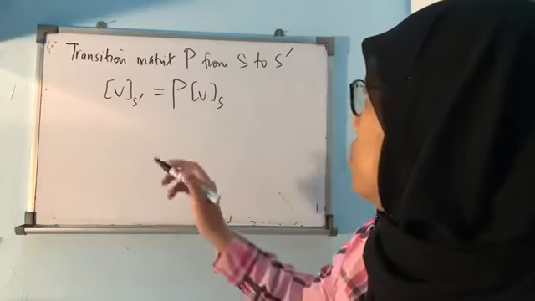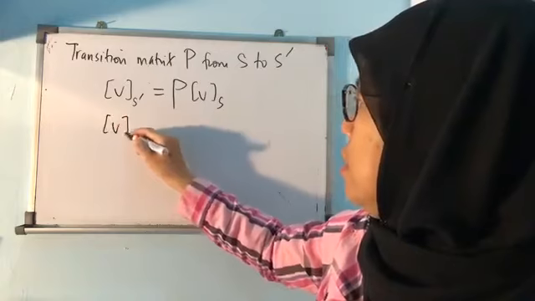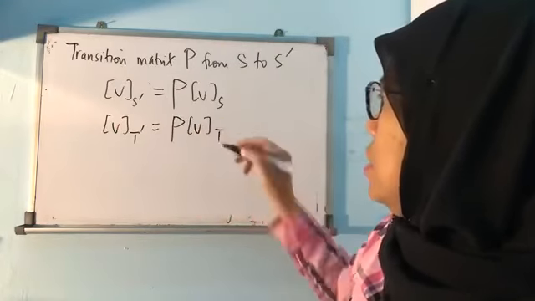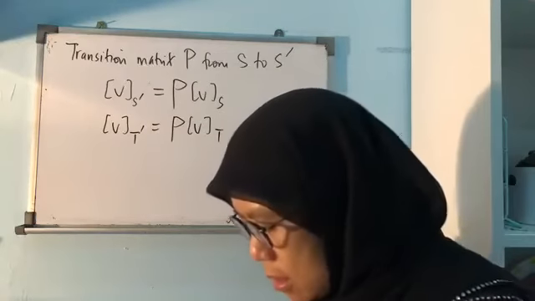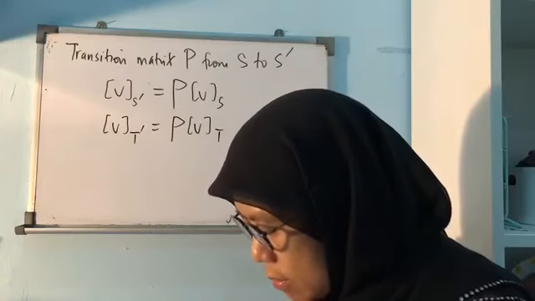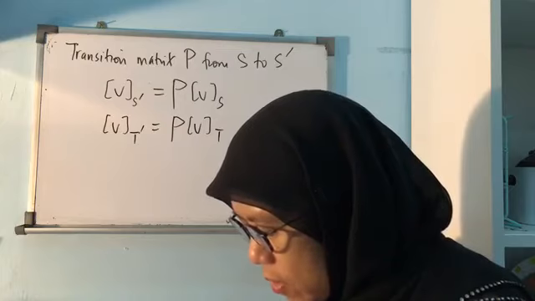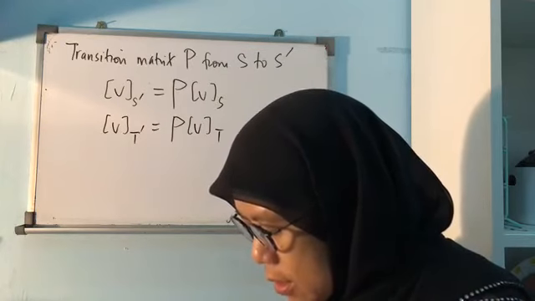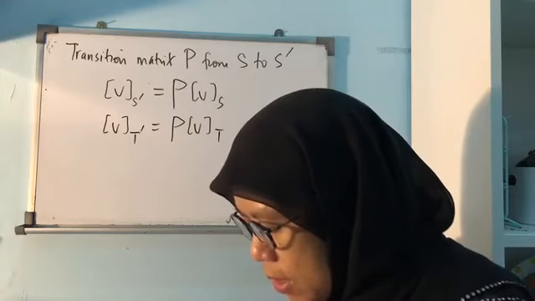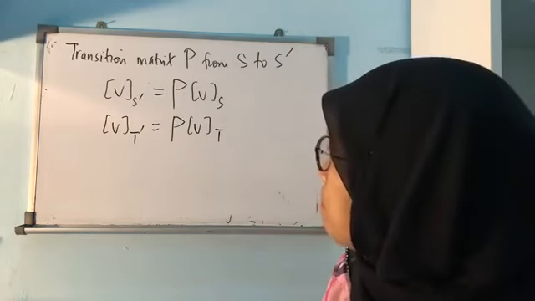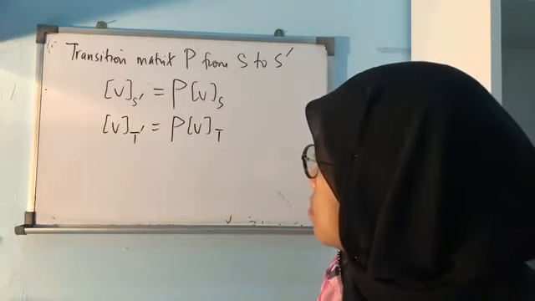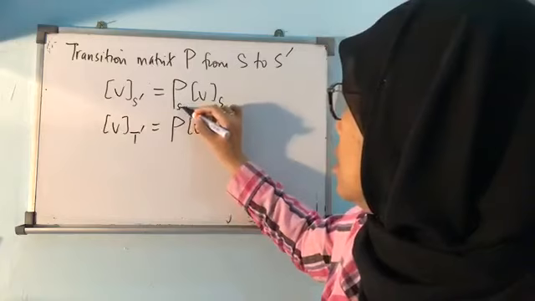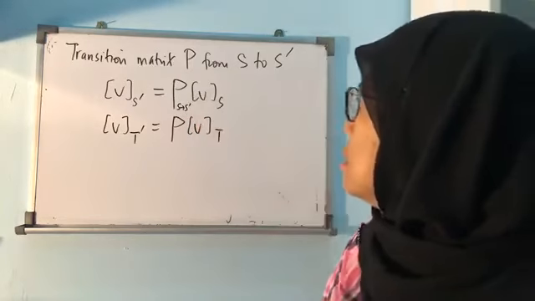Oh, now you are given as S. So V of T prime equal P V of T in number 6. You are given the vectors for T, okay, and you are given P from T prime to T. This is S to S prime, right?